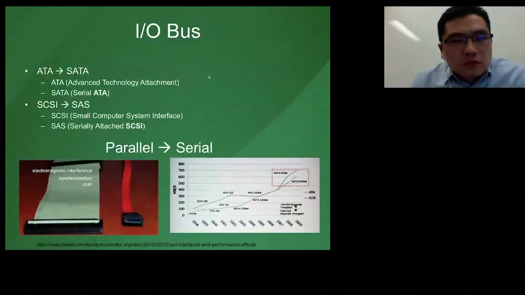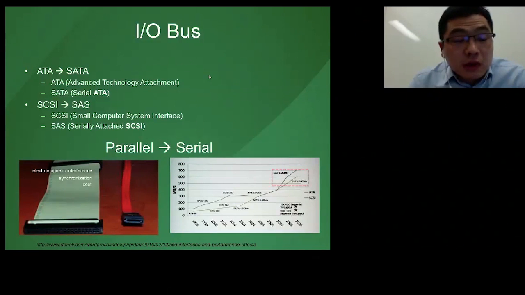Okay, so I/O bus. We just introduced the interconnect, which connects the CPU, memory, and the peripherals. The I/O bus is the part that connects the core components and the data storage. Again, the key relies on the parallel and serial models.